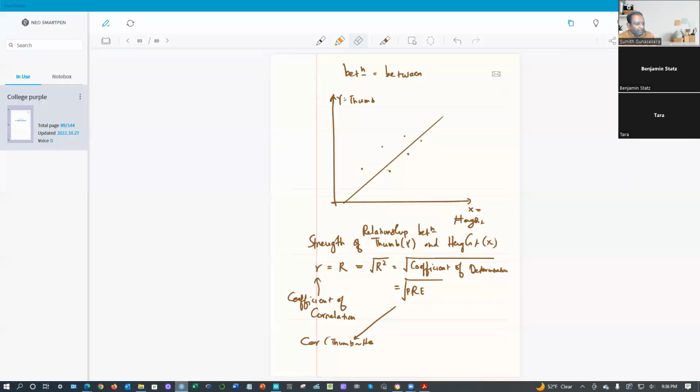You can say cor of thumb, height, and data tiny fingers. That's one way to get it.